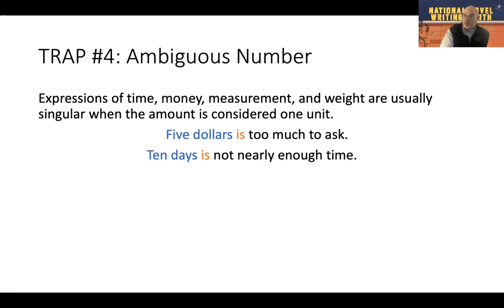Or you could say the book costs $5, right? And $5 is too much to pay for that book. So why would $5 sitting on a table be plural, but $5 as a price be singular? Well, the answer is a price is an abstract concept. It's just thought of as this single unit.